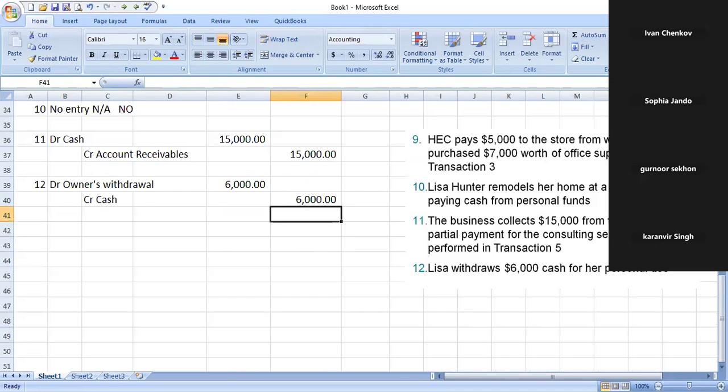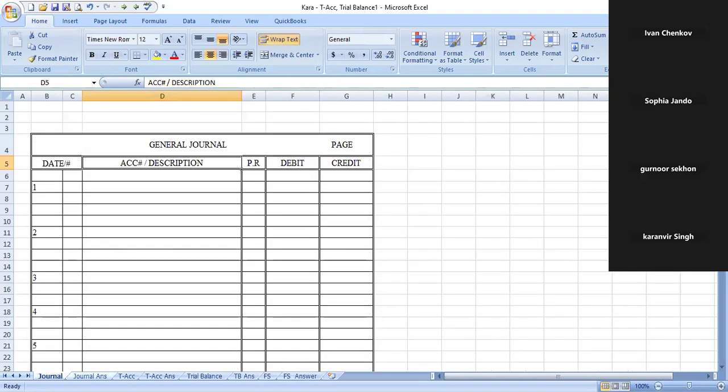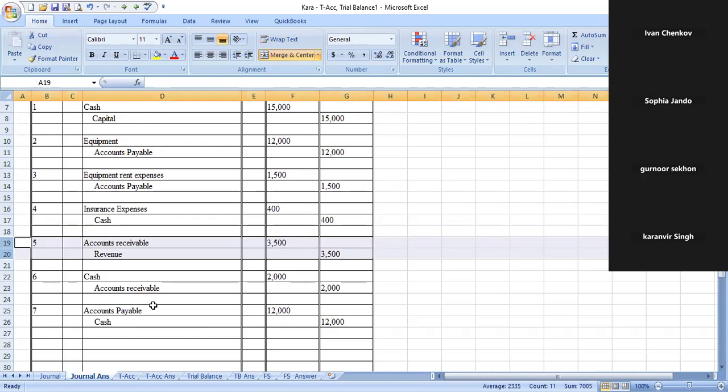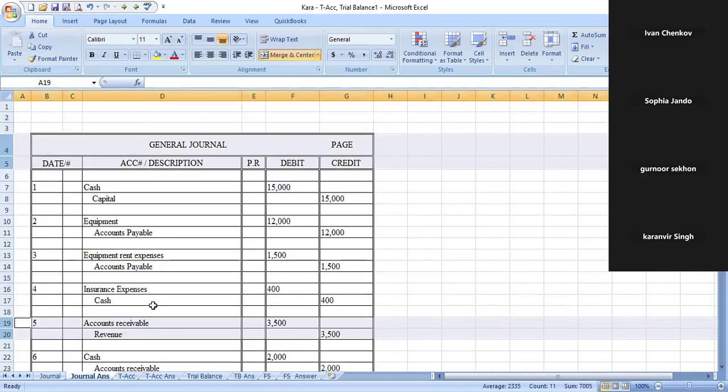Trying to find one question which is interactive. So basically, once we do something, it's automatically going to put everything in the right places. Okay, I found something.